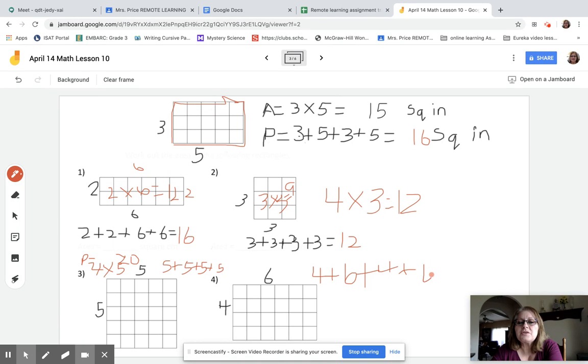Okay, so 4 plus 6 is 10. So this would be 10. And 4 plus 6 is 10 more. So 10 plus 10 is 20. So the perimeter for this shape equals 20.